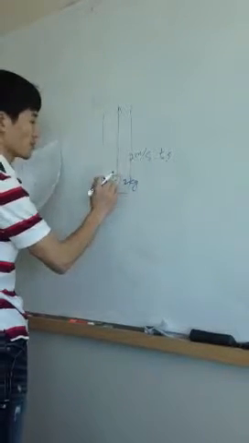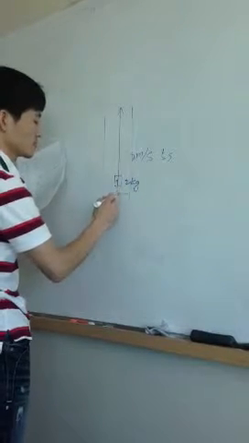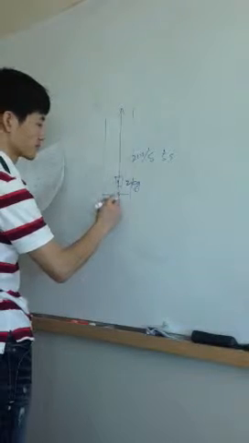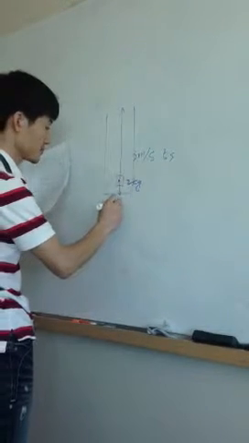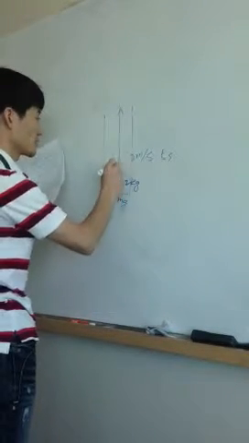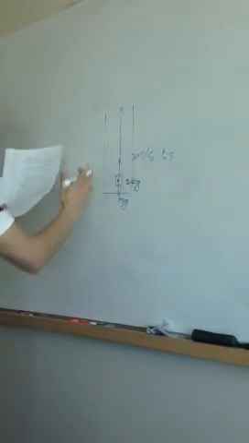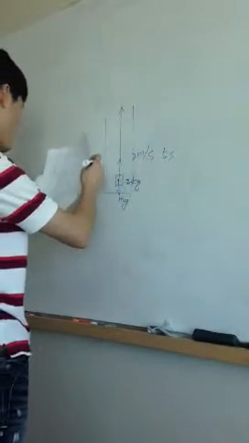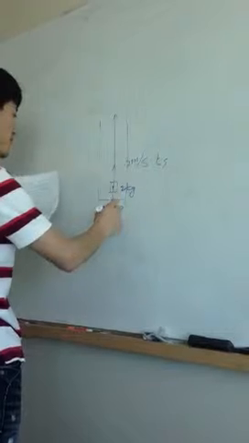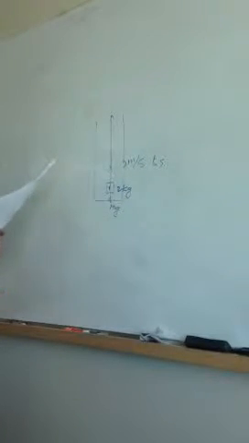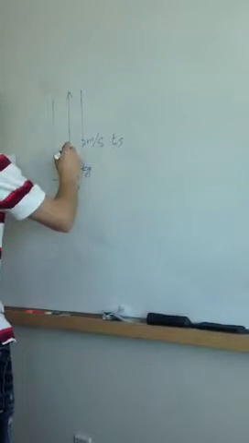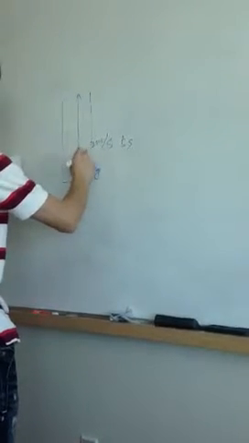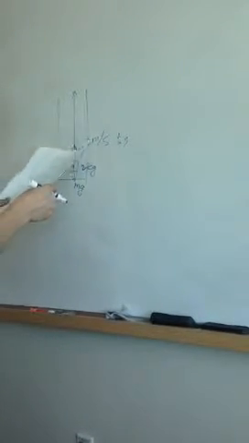Analyze this object. So there is gravity, and there is a lifting force from this human. And it should be equal, because the speed is constant. So this force is equal to mg.